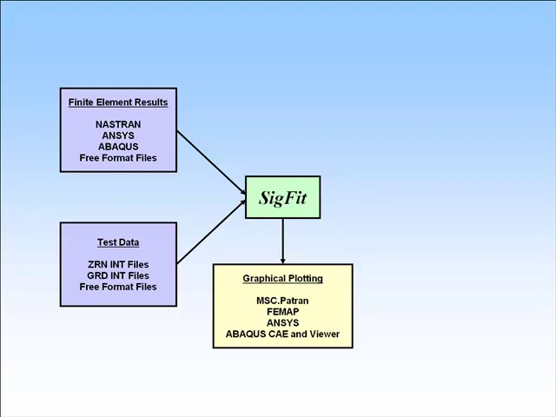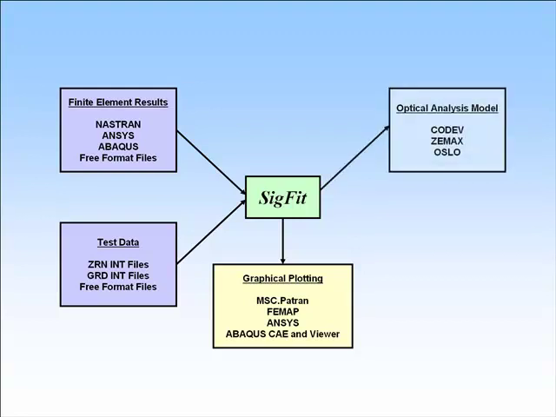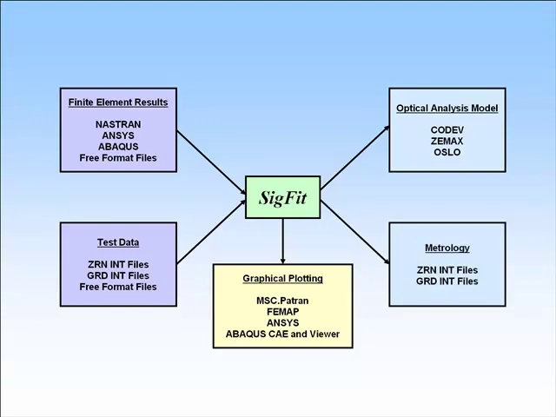The data from SigFit may also be represented in forms usable by optical analysis software such as Code V, Zemax, and Oslo. Results from SigFit in the form of Zernike int files and grid int files may also be used for the purposes of metrology, such as test backouts or correlations.